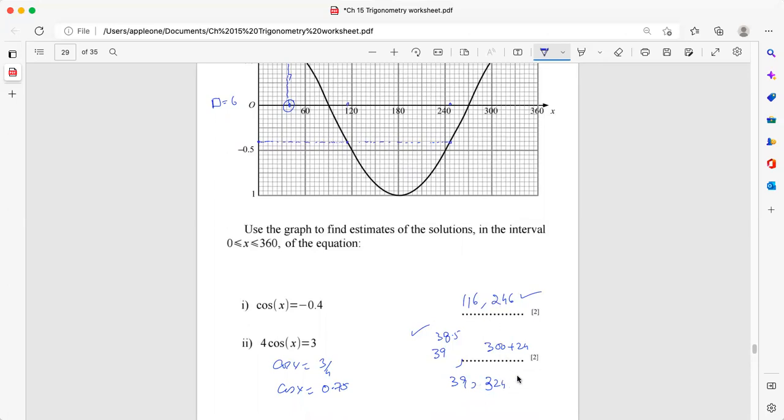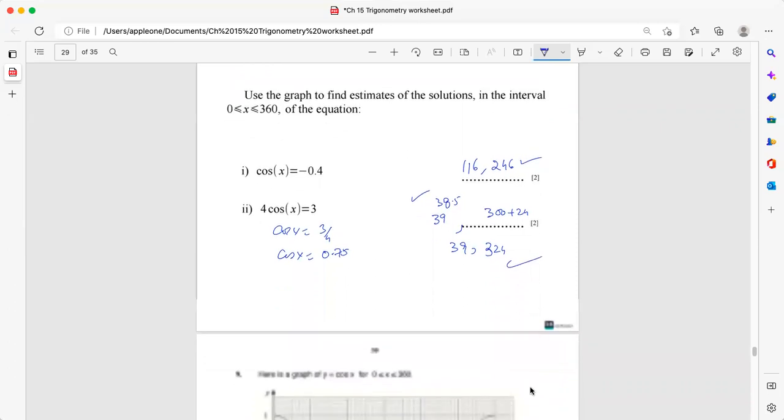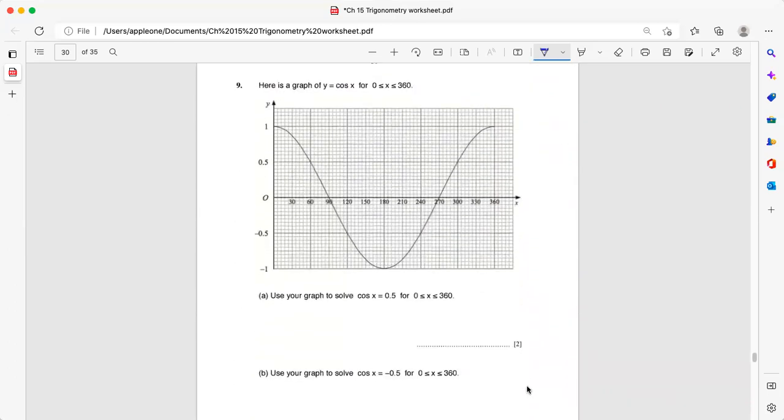See, the difference is there, this is 324 and the calculator value is 318. So it's almost near the exact value. In estimation, we don't get the exact value, we get near to it. So accept it. Next, question number 9.